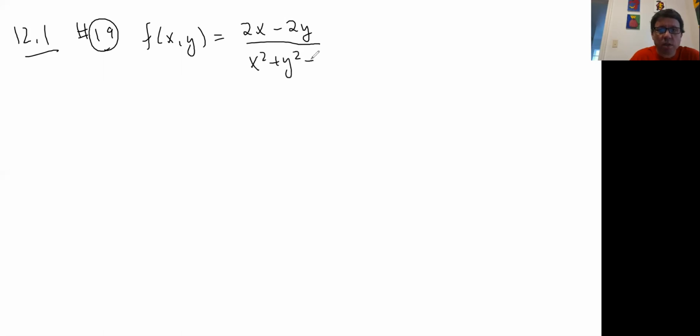So let's see, 2x minus 2y over x squared plus y squared plus 1 is your z. So plot that, and it's not easy because you have to make a big chart. You've got to plug in x, y, figure out z, plot the 3 points, and then it's going to end up being some sort of surface in 3D, and that's hard to do in your head, I think.